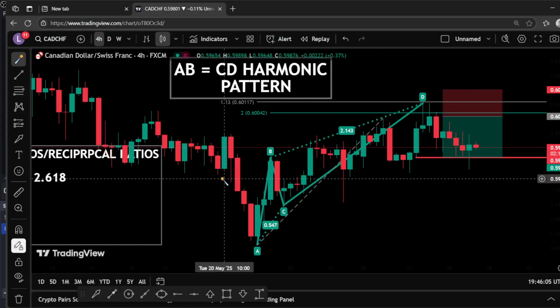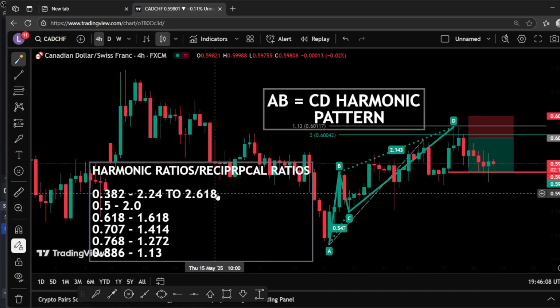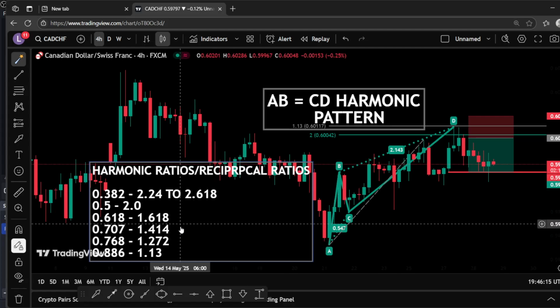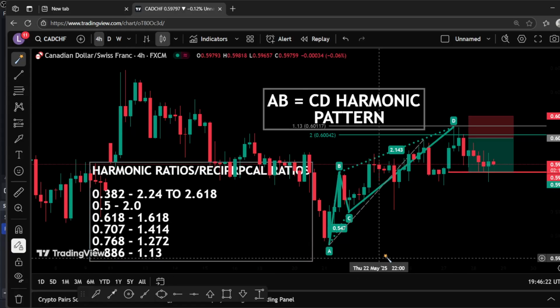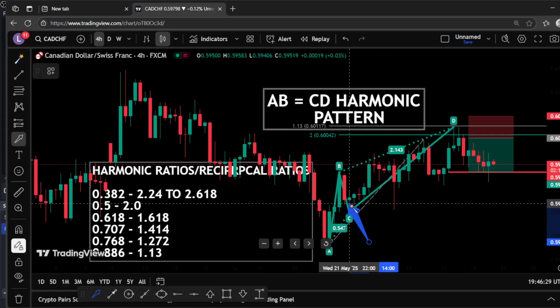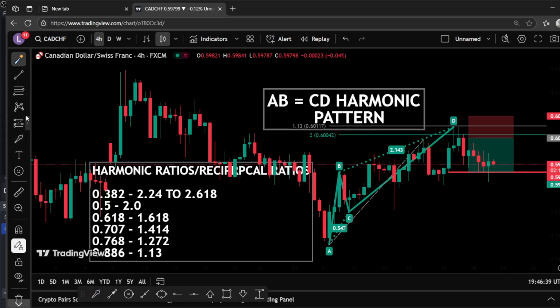I've gone one step further to help you with the harmonic ratios, and the alternative numbers to use when you're looking to trade the AB equals to CD patterns. Like this one we took, this pullback here was 0.5, so the alternate number for 0.5 is 2.0.